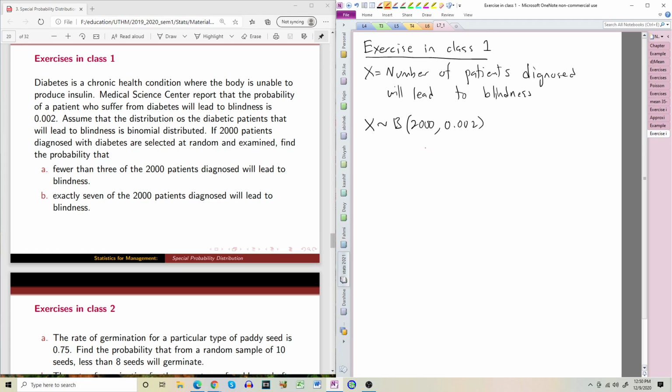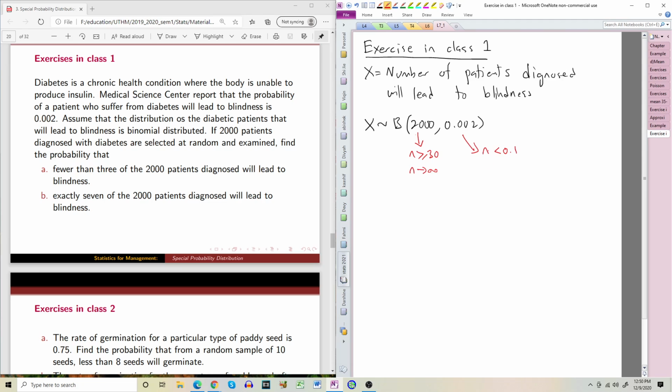You can see the condition that n is greater or equal to 30. In fact, it's better that n must be very large. Is n greater or equal to 30, or you can see n goes to infinity, very large. Another condition is p less than 0.1.